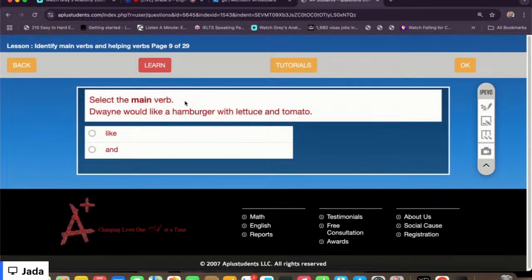What's the main verb here? Alright, so the main verb here is what? Like.